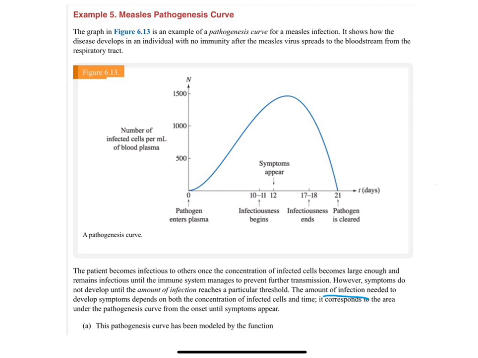It shows how the disease develops in an individual with no immunity after the measles virus spreads to the bloodstream from the respiratory tract. So this is in one individual, how the measles virus is attacking that person. But we talked about when we were dealing with this curve in a population that if we would do some different things, we could slow down how it was traveling through the population.